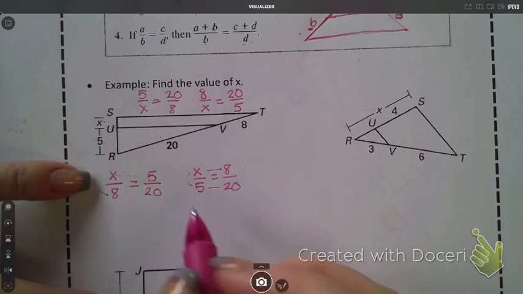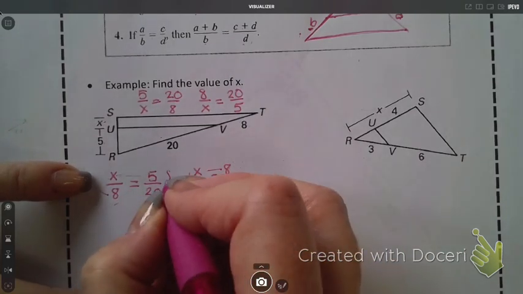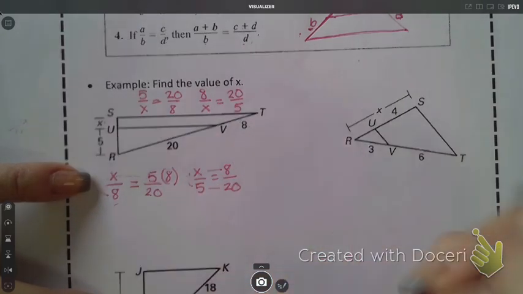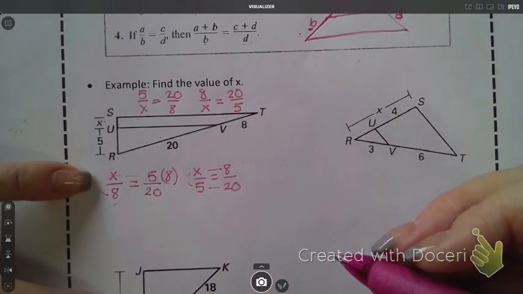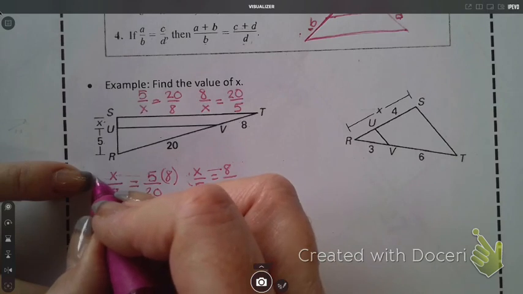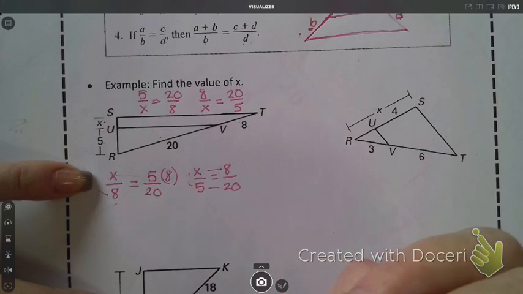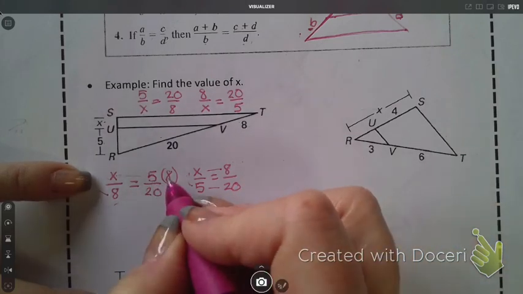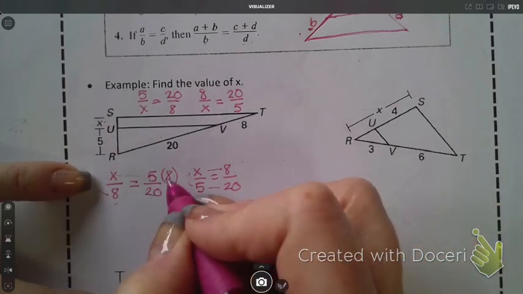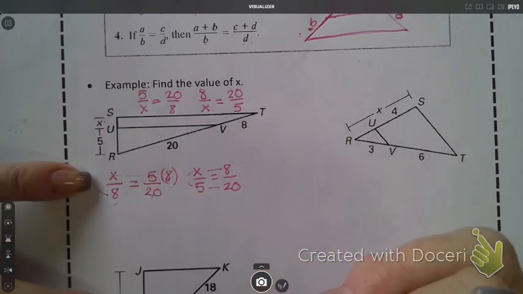The reason why I like to leave the X in the numerator is because then I only have to multiply across by 8, and I leave the X alone. Because I could multiply by 20, but then I'd have to do what with it? Divide. So can't it just stay where it's at? Yes. So I have 5 times 8 over 20, 5 and 8, or do you want to reduce 5 and 20?